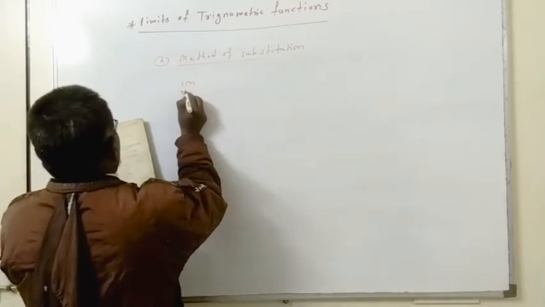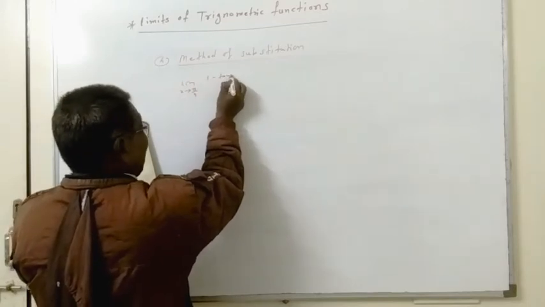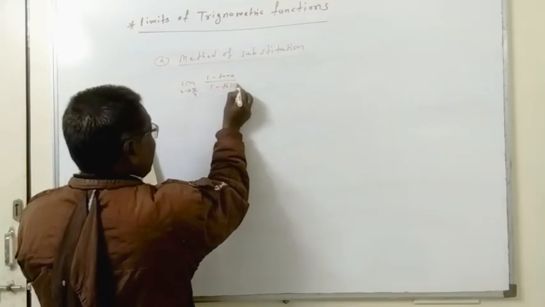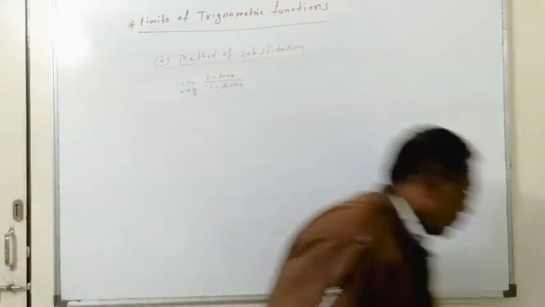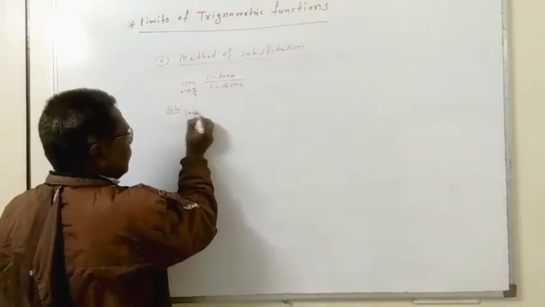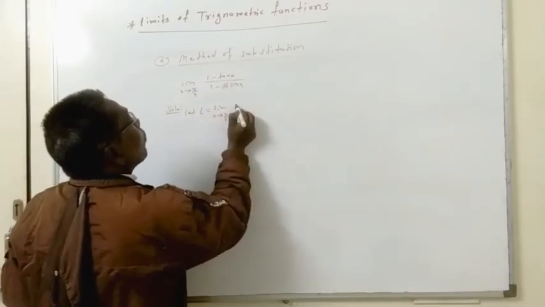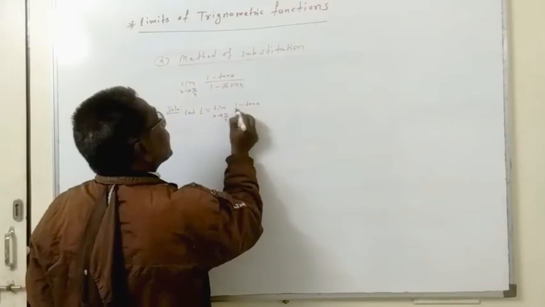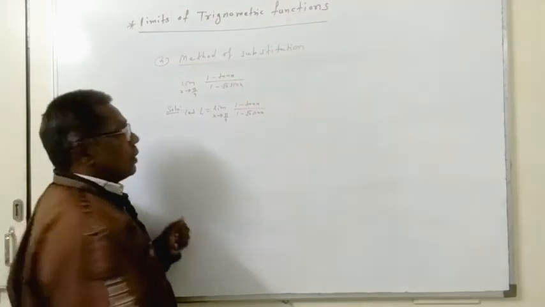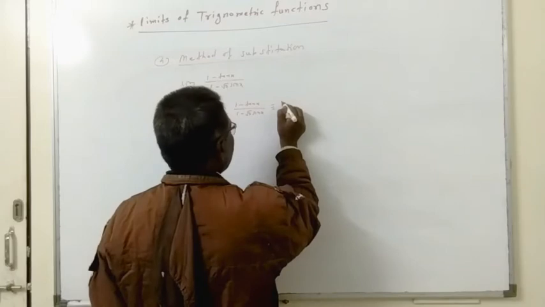Limit x tends to pi by 4, (1 minus tan x) divided by (1 minus root 2 sin x). Solution. Let L be equal to this limit. First, let us see what the form of this example is.